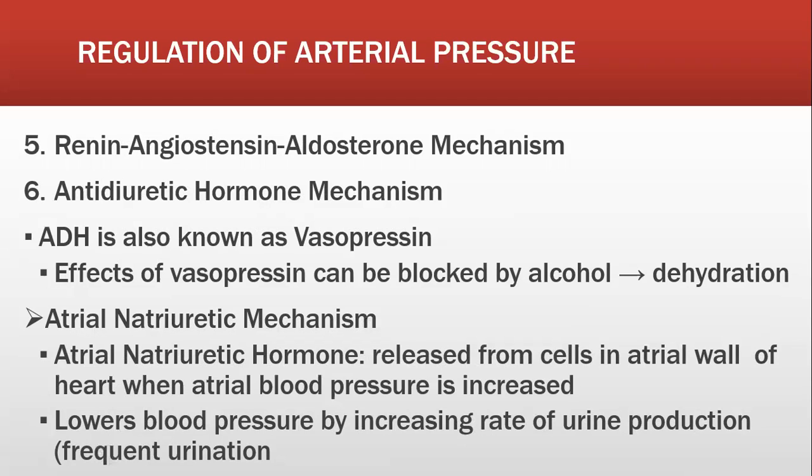The ANP hormone is released from cells in the atrial wall of the heart when atrial blood pressure is increased. This means that the blood pressure lowers by increasing the rate of urine production. So frequent urination causes the blood pressure to be low.